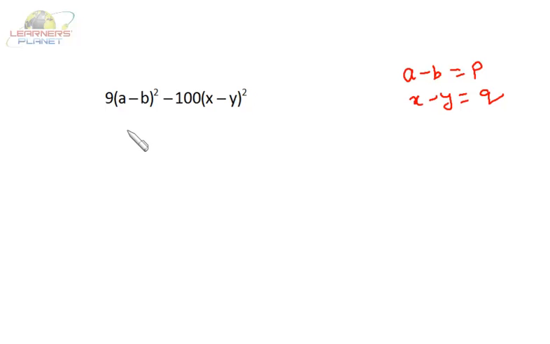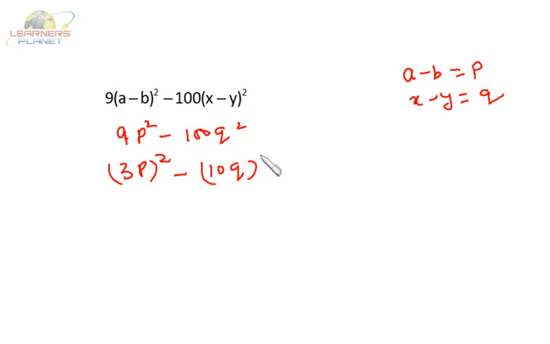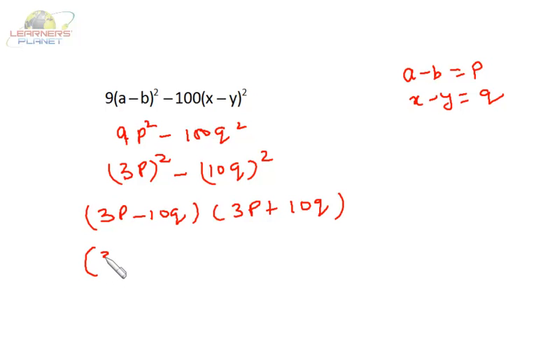So it's 9p square minus 100q square, or you can say it's 3p whole square minus 10q whole square. So it's 3p minus 10q and 3p plus 10q. Now put the value of p and q. P will be a minus b, then minus 10, q will be x minus y.